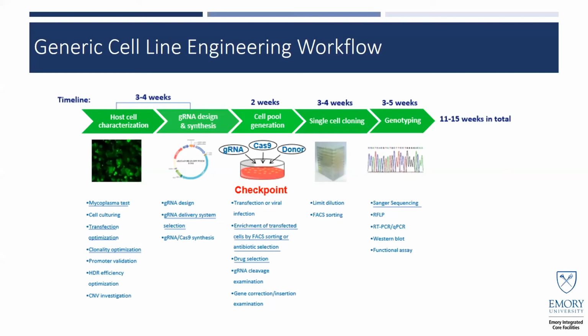Then you have a point where you need to do the actual transfection, or generate a pool of cells that have been transfected with the Cas9 and the guide RNA, with or without a donor. Then these cells need to be analyzed and plated for single-cell cloning, and then genotyped until you get a clone with your desired mutation.